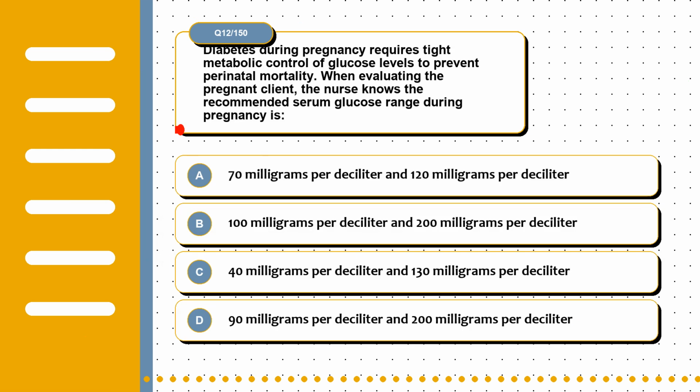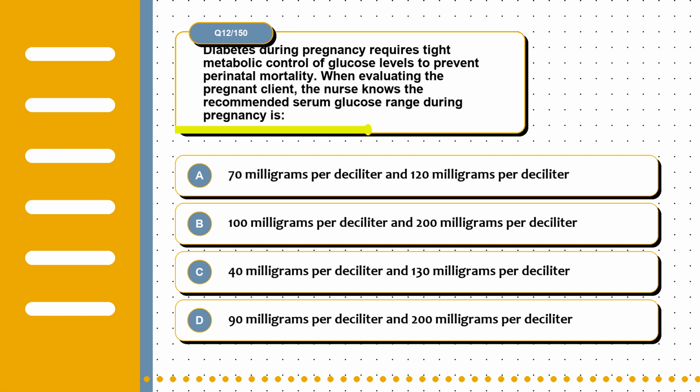Question 12. Diabetes during pregnancy requires tight metabolic control of glucose levels to prevent perinatal mortality. When evaluating the pregnant client, the nurse knows the recommended serum glucose range during pregnancy is. Here are the options. Option A. 70 mg per deciliter and 120 mg per deciliter.